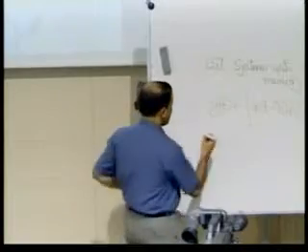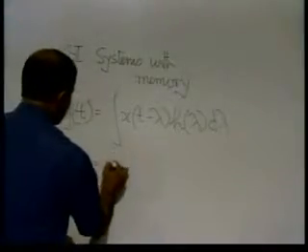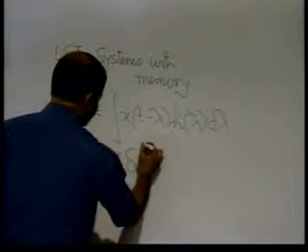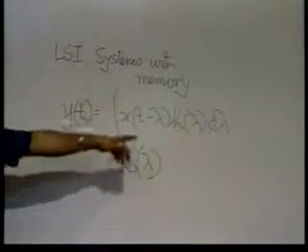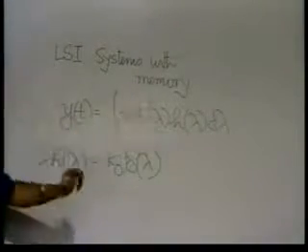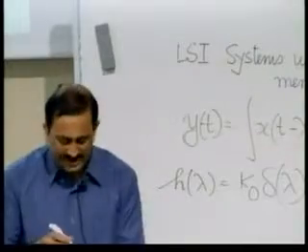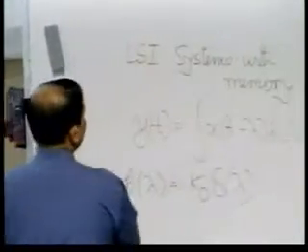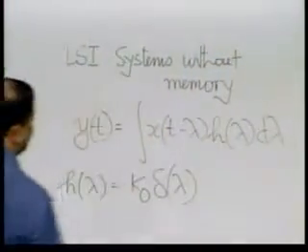So the requirement is that the impulse response must just be a multiple of the unit impulse, right? So h(λ) must be some constant, let's say k0 times δ(λ). Because if that's the case, then it will simply pick up the value at λ equal to 0 and multiply it by k0. So now here we are talking about systems without memory, right?